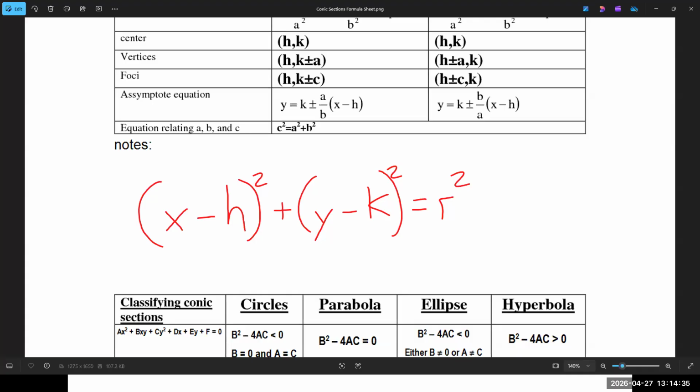Off to the side, I'm going to say, okay, the center, h comma k, and then r equals. There you go. That's what you need in the notes. And that's the only formula that we have for today, just that one formula.